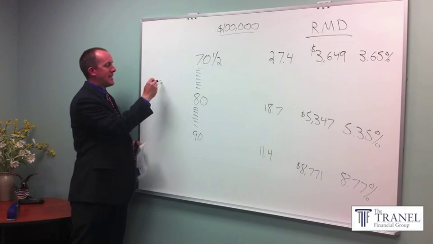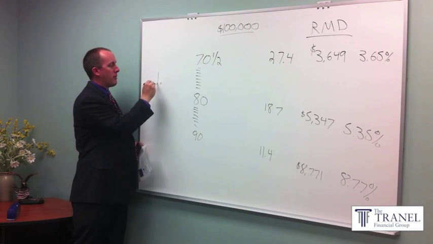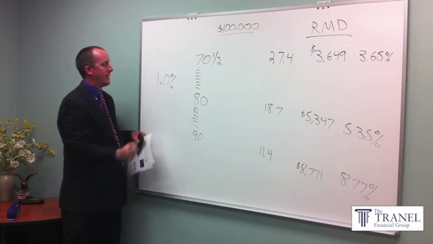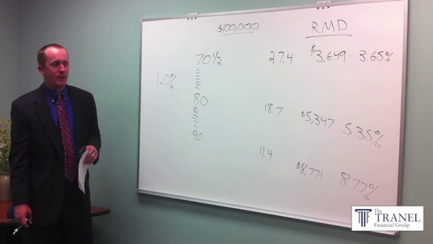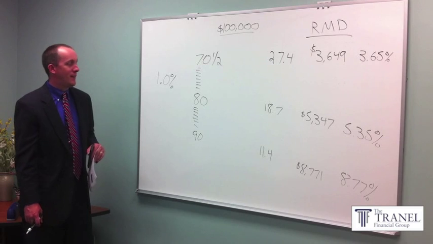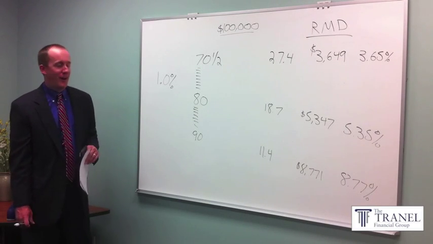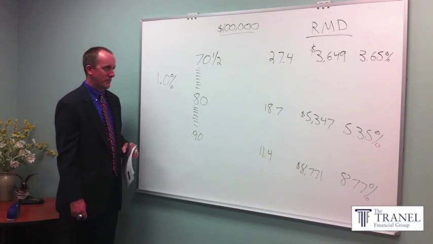And let's say that that CD is earning 1%, 1.0%. That's even high for a CD these days here in 2014. If you're watching this video 5 years from now, hopefully interest rates are a little bit higher for CDs.